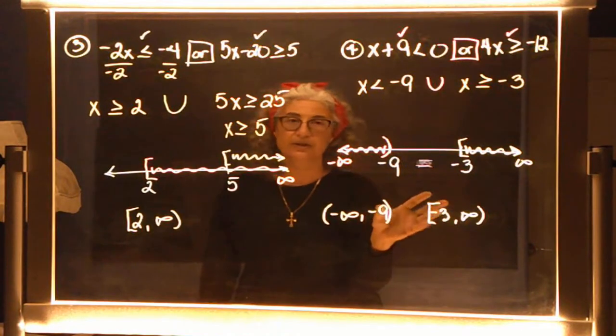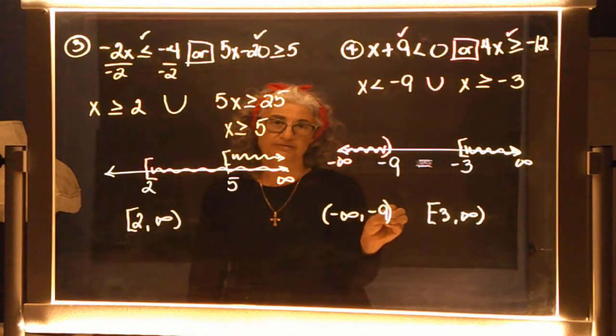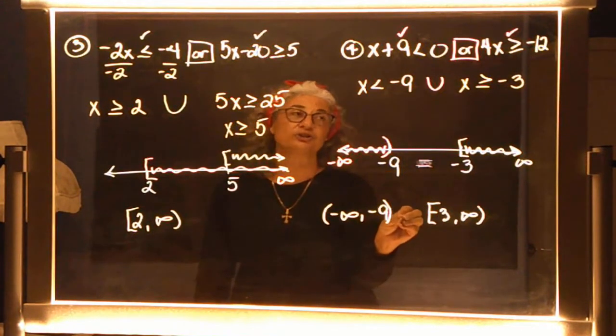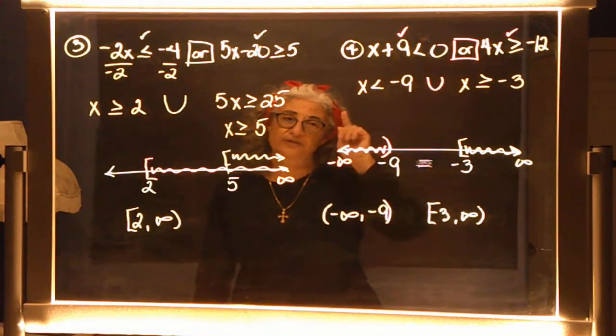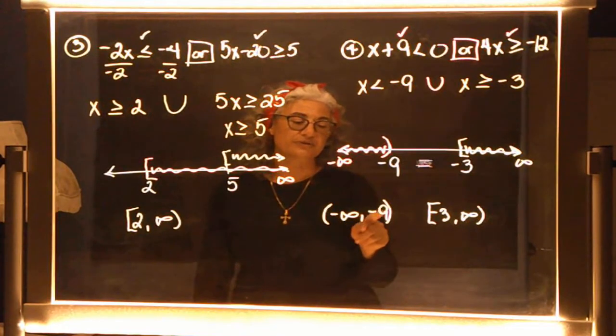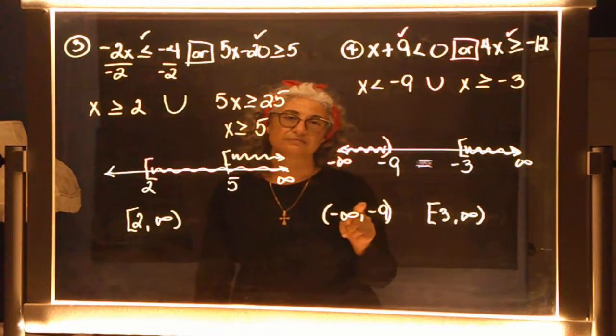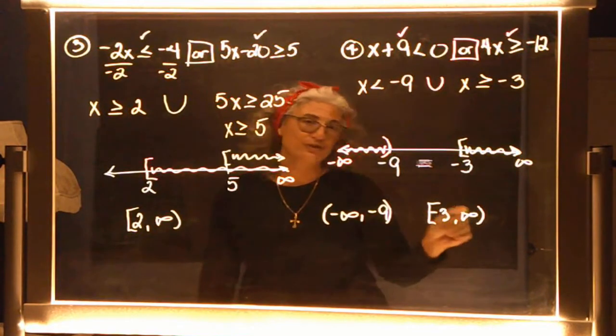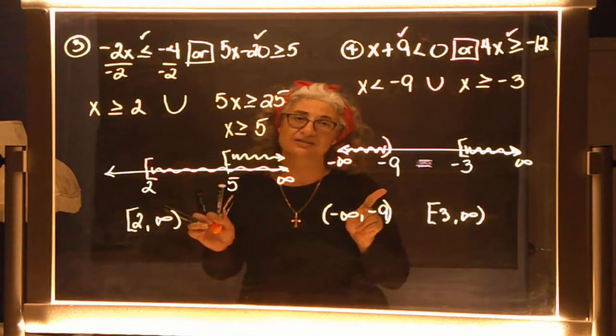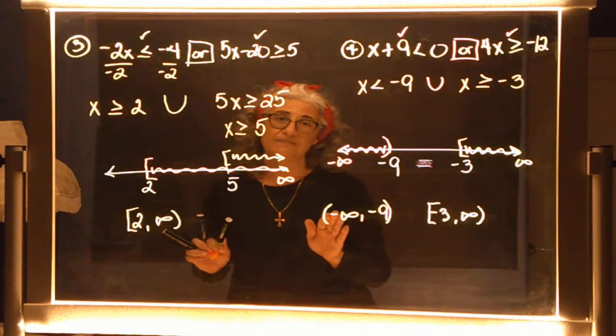I need to join these by a conjunction. And the conjunction I'm going to use is the word or. Because if I notice, the numbers that are in this interval are not the same numbers as in this interval. They're not the same. They're different. Are you with me?